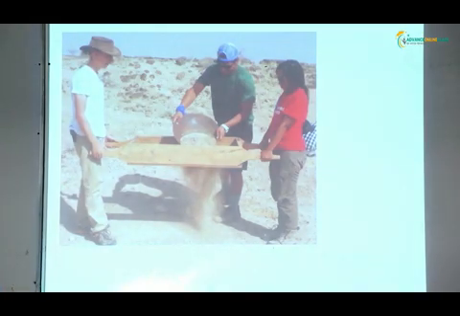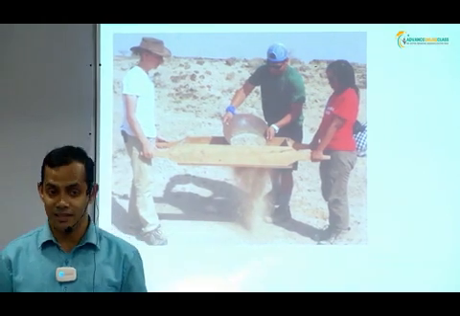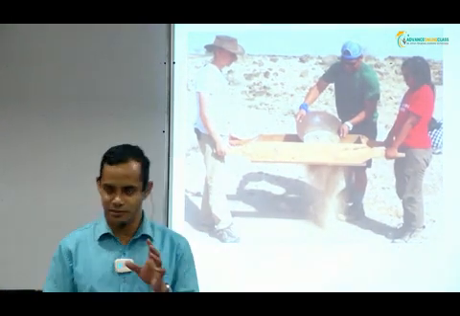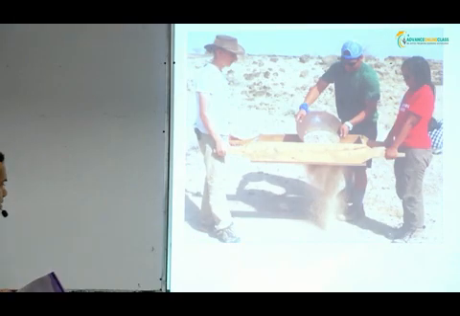So, what is the method used here? What is the principle used here? What's the fact used here? Differences of sizes. Small particles can go, large particles can't go. So, isn't it physics? Physical method, mechanical separation.